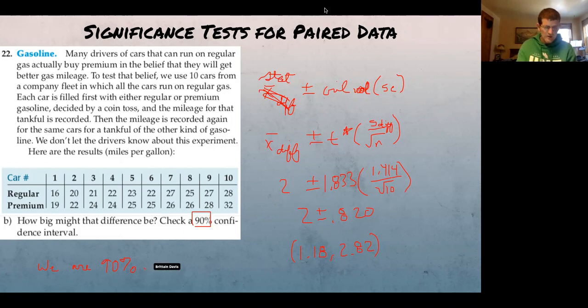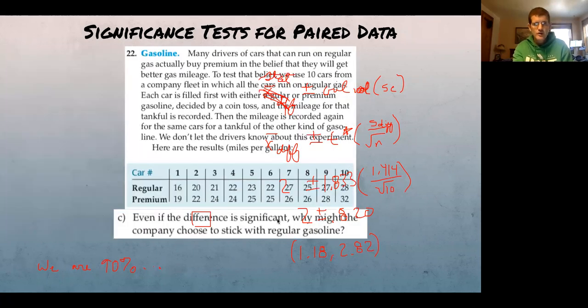So the next question, and this is obviously a textbook problem, could be like the last question on an FRQ. Even if the difference is significant, why might the company choose to stick with regular gasoline?